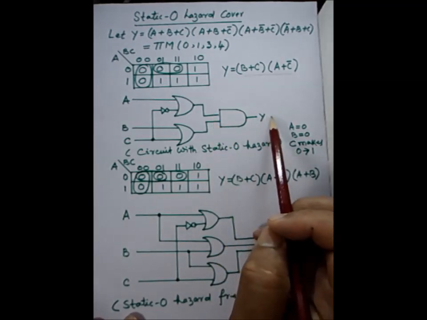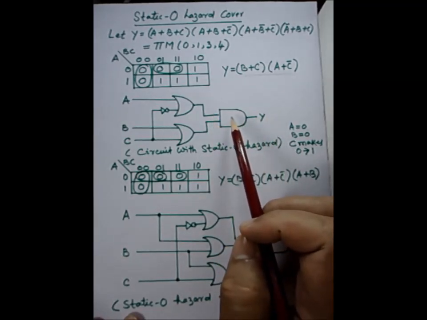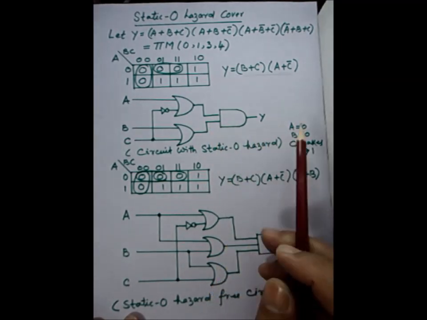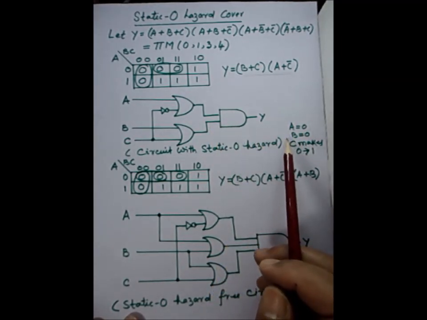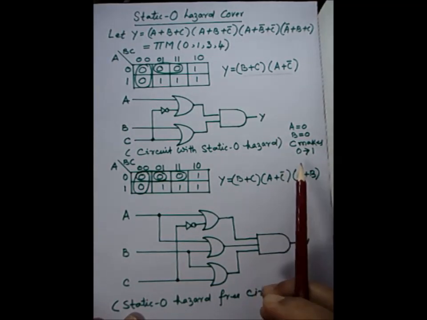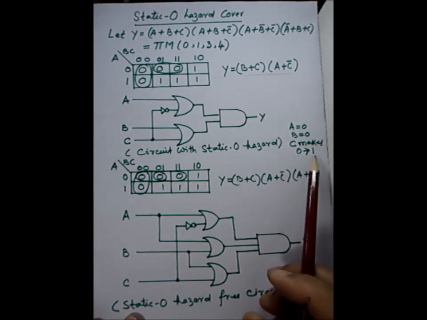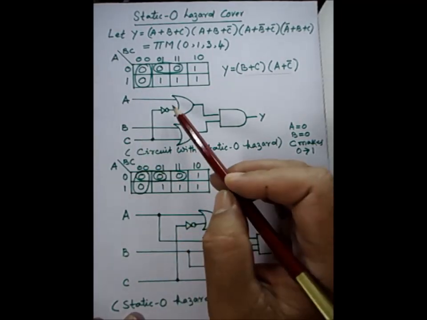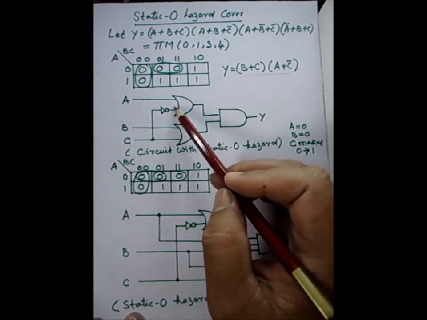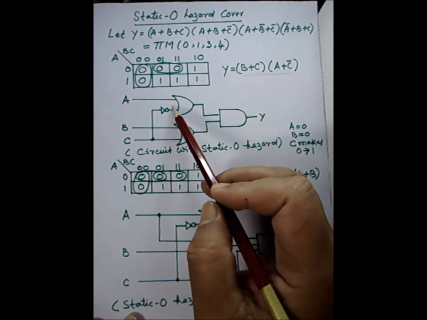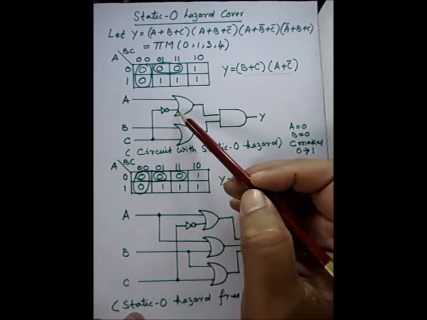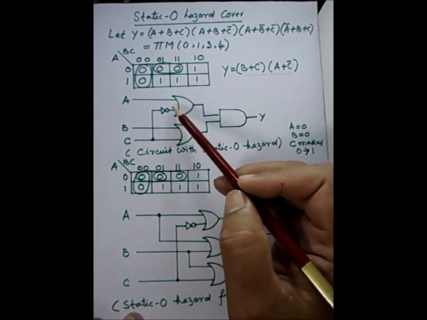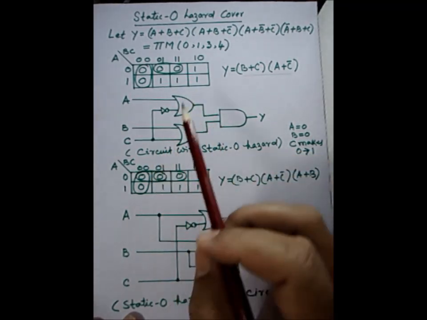Now let us take a particular scenario where A remains 0, B remains 0, and C makes a transition from 0 to 1. As a result, C will become 1 and the complement of C should become 0. Now let us see what happens.